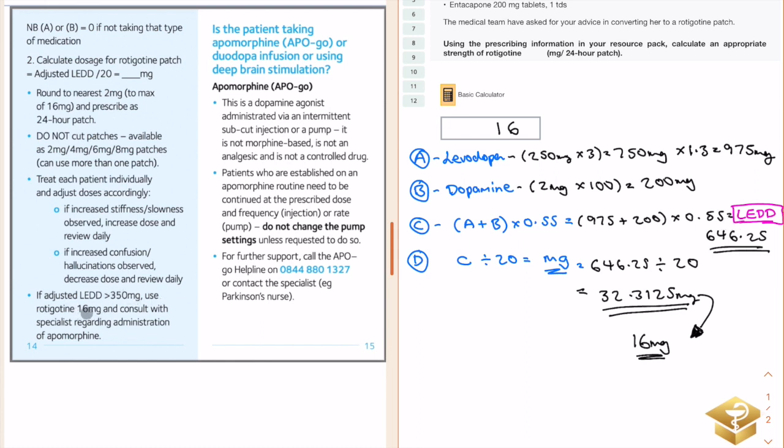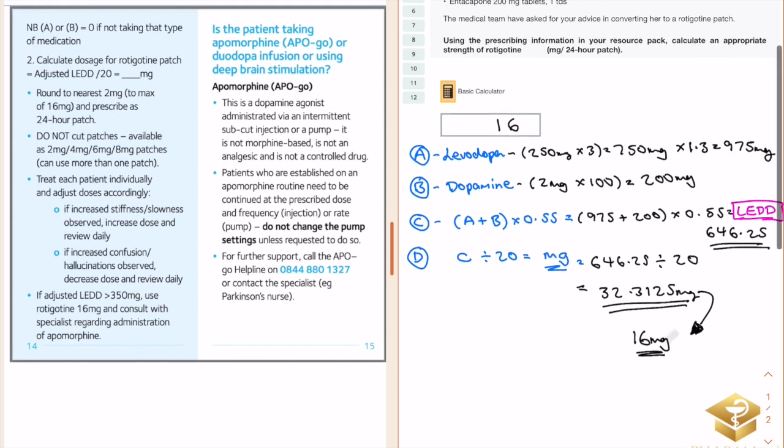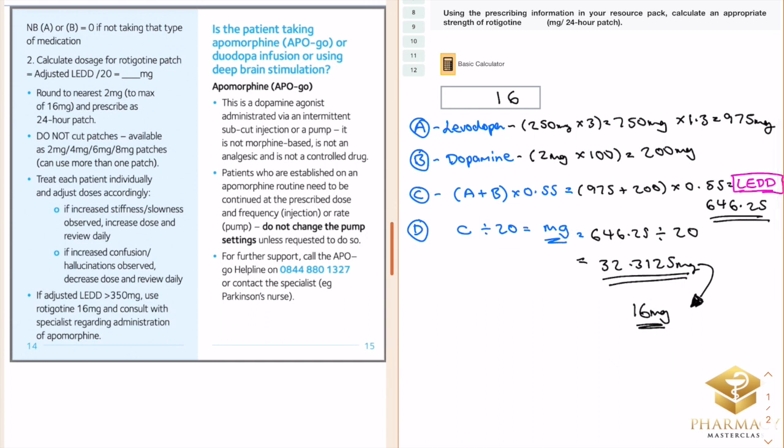So again, it's reminding you, make sure you use the 16 milligram dose, which is what we had to do here. In reality, we would be prescribing or dispensing to the patient, the physician will have picked 2 8 milligram patches. But for the sake of this question, we just want to know how many milligrams of rotigotine the patient should be using as an appropriate strength, which is 16 milligrams.